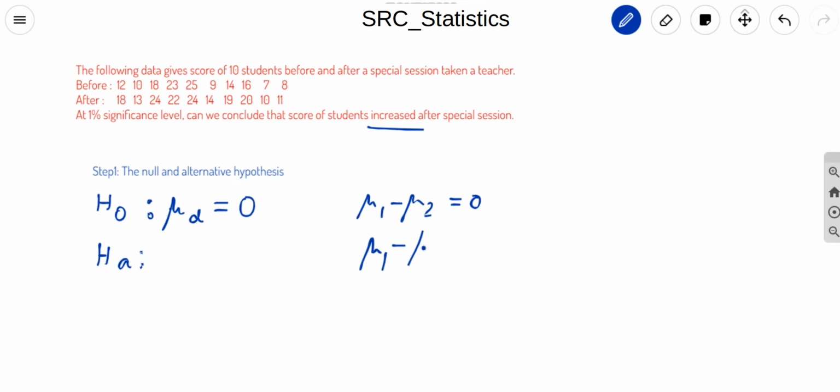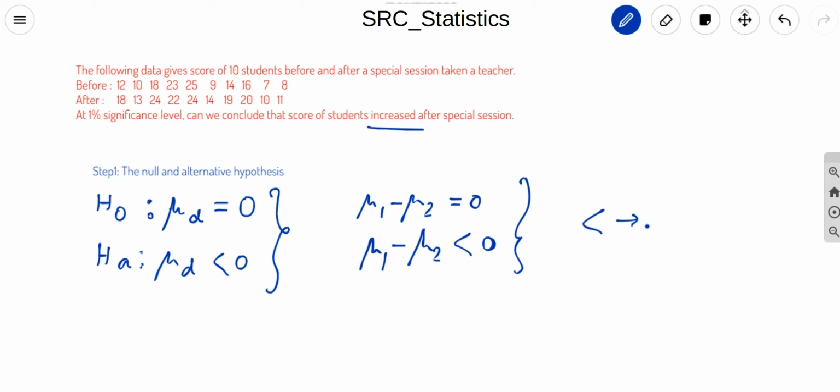That means mu1 minus mu2, before minus after, should be less than 0. So we write it as mu d less than 0. Now our alternative hypothesis contains this less than sign, which indicates a left directional alternative hypothesis, and the test will be a left-tailed t-test.